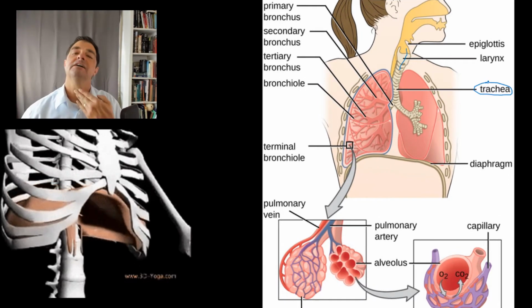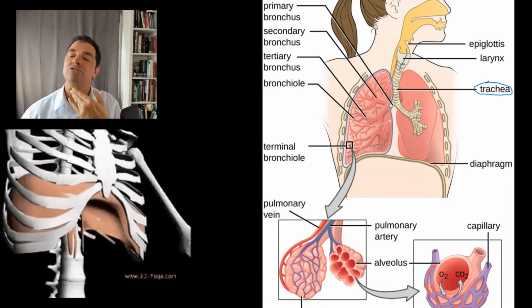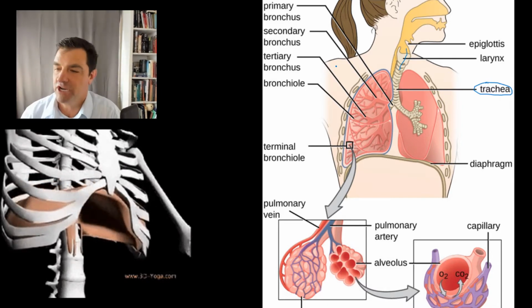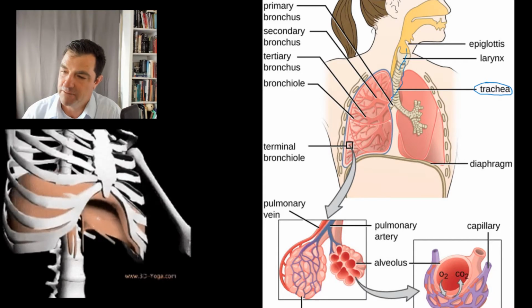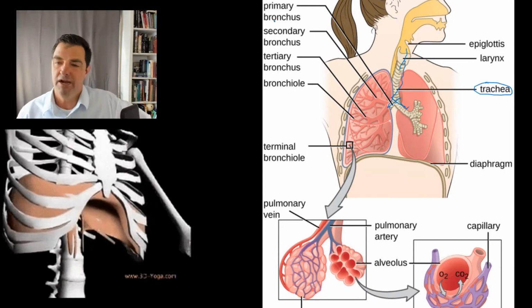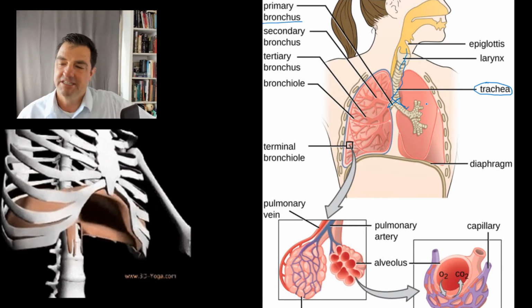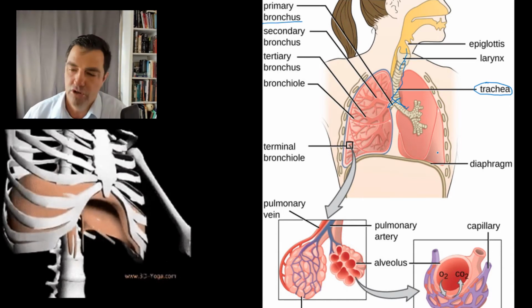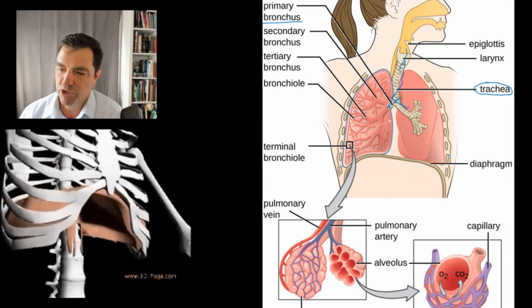The trachea is right here, by your throat, and it travels down and then branches into what are called your bronchi. Bronchus is singular; bronchi is more than one.